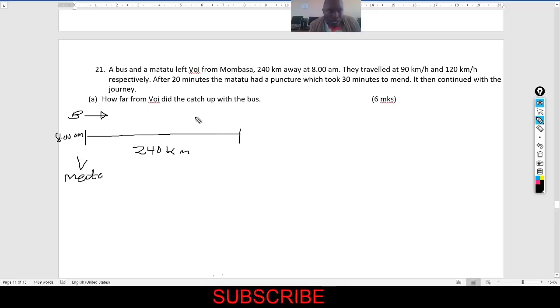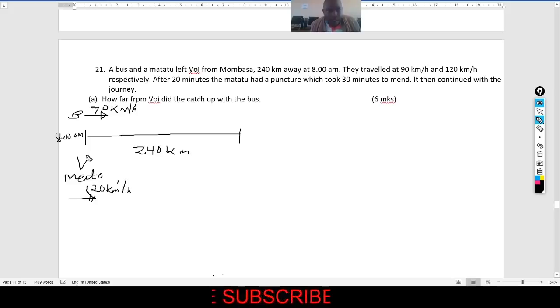So the bus was going at 90 kilometers per hour, and the matatu at 120 kilometers per hour.